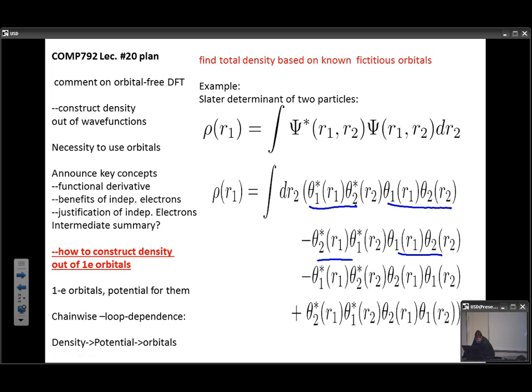And now let's look at it and see what we can integrate. So this term depends on R2, and this term depends on R2. This one is wave function orbital number 2, and this one is orbital number 2. So integration over R2 of these two things will give delta 2,2, which is equal to 1, right?